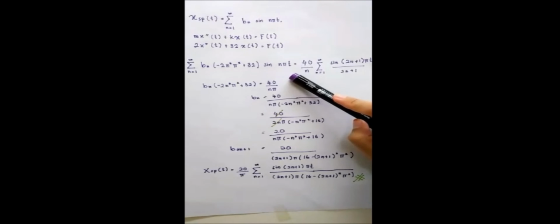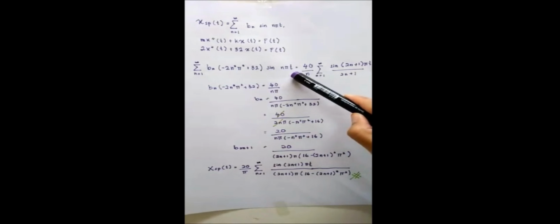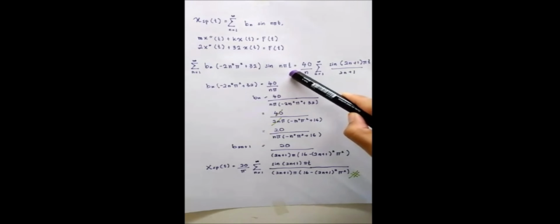Then we have to compare between the f(t) equation and the spring equation. This is the f(t) equation and this is the spring equation, to find the Bn value.